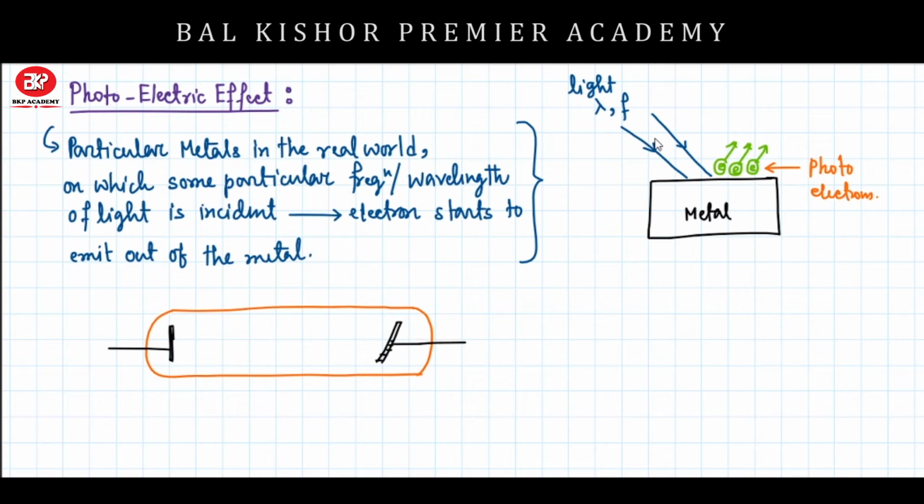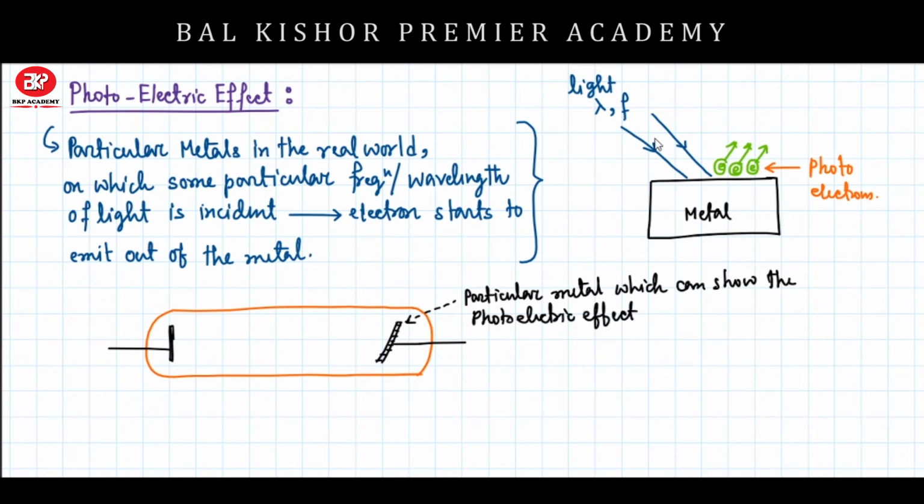This metal is such a type of metal which can show the photoelectric effect. This is the glass chamber, and this glass chamber is full of inert gases.